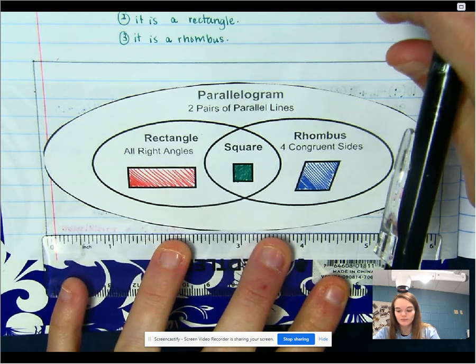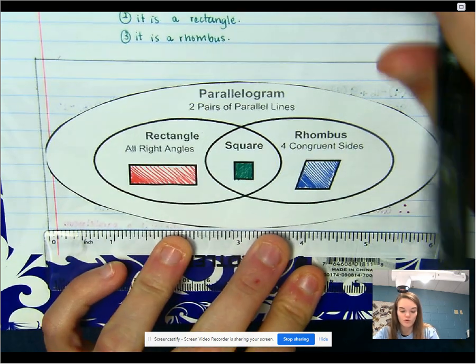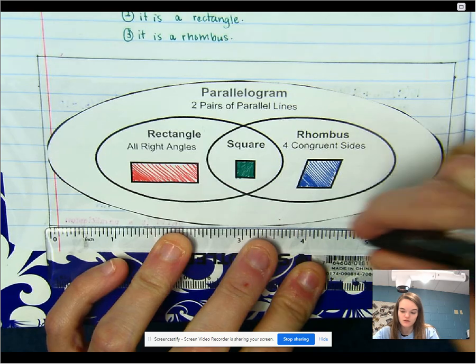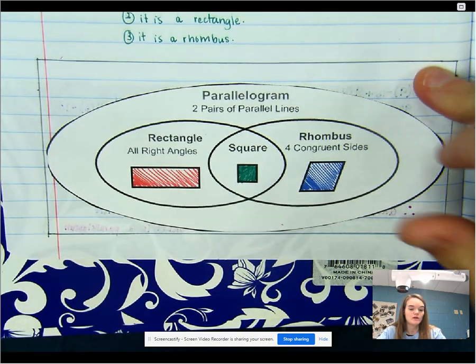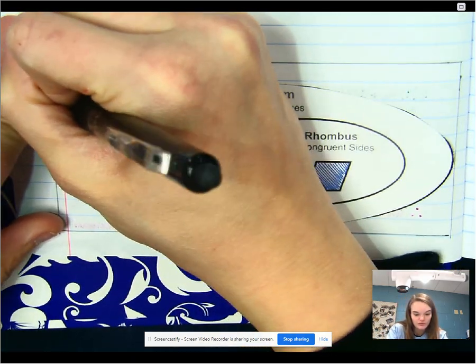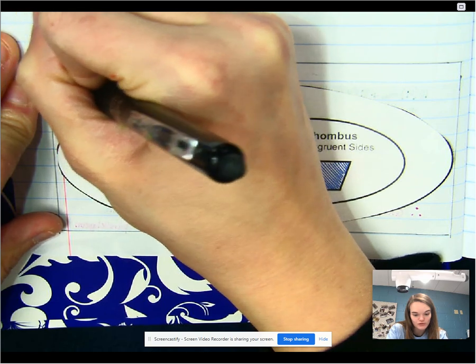Okay, we're boxing this in because we're going to talk about what all 4 of these are. All 4 of these are special types of quadrilaterals.